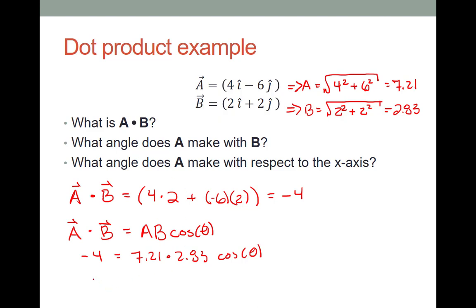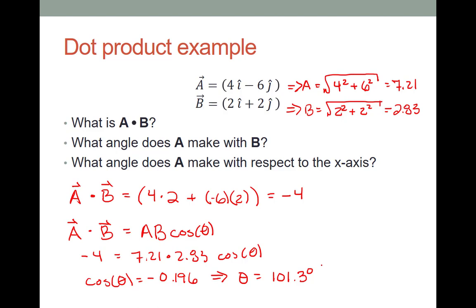That results in the cosine equaling negative 0.196. Taking the inverse cosine gives me theta equals 101.3 degrees.